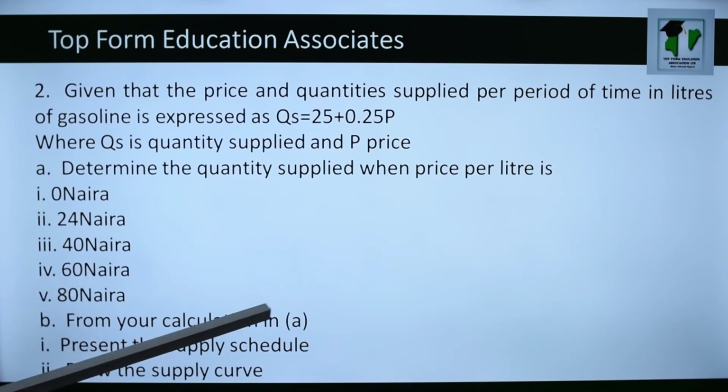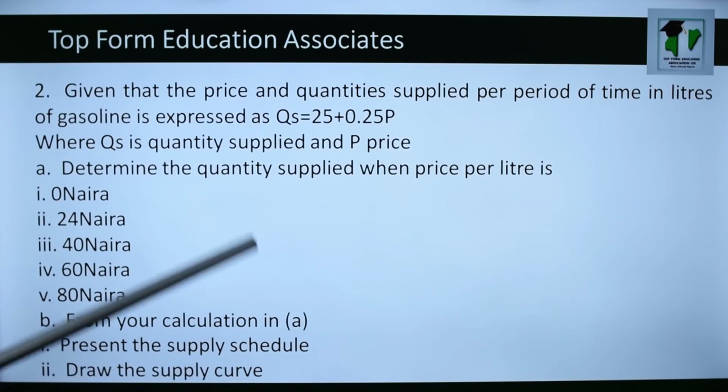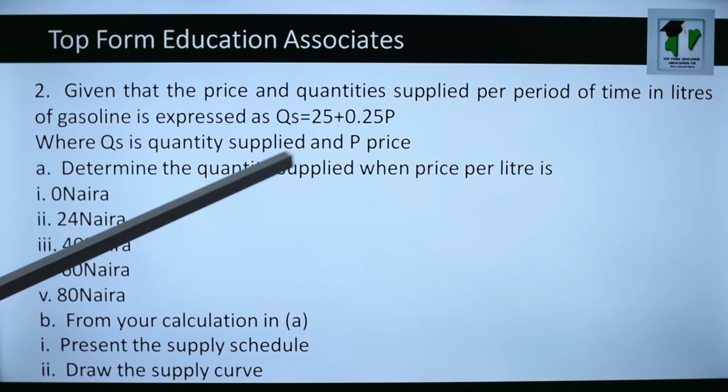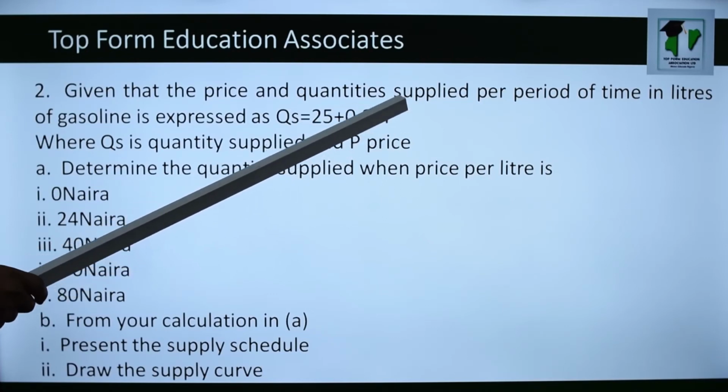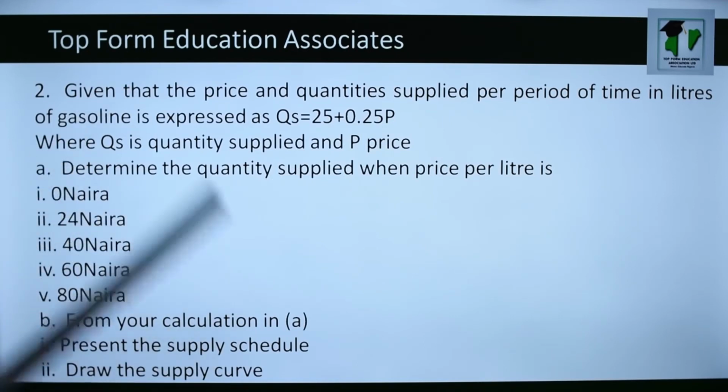From your calculation in A, present the supply schedule. II, draw the supply curve. Just like we did in demand. Anywhere you see P, you remove it and replace it with these ones, one after the other.